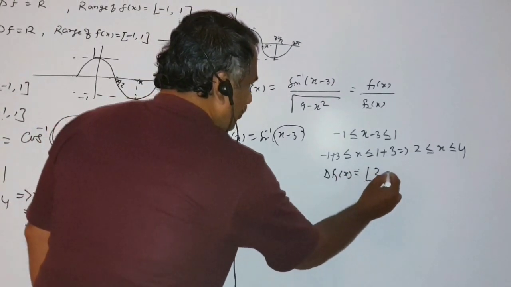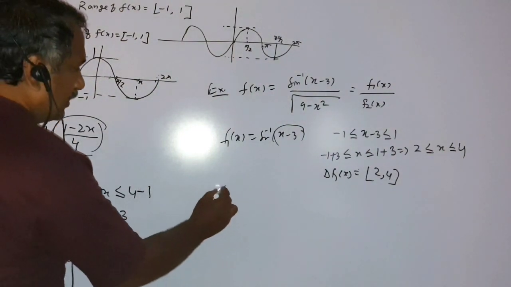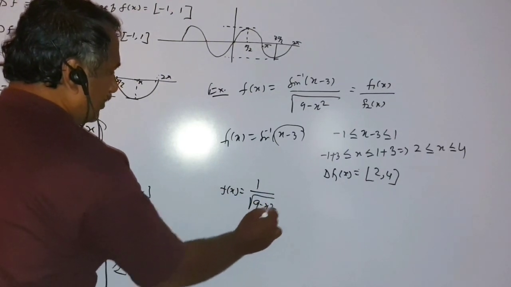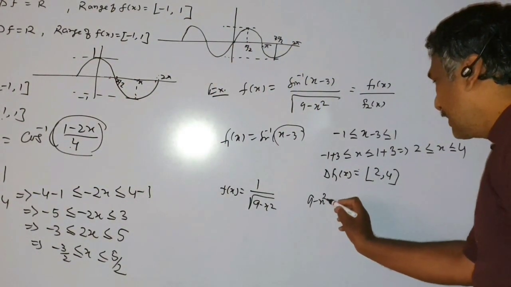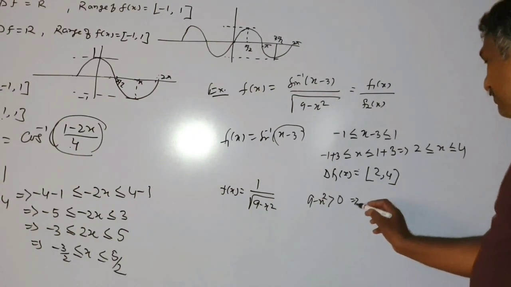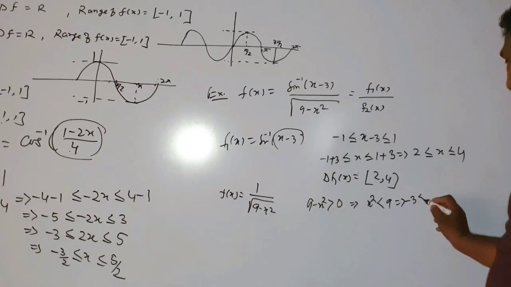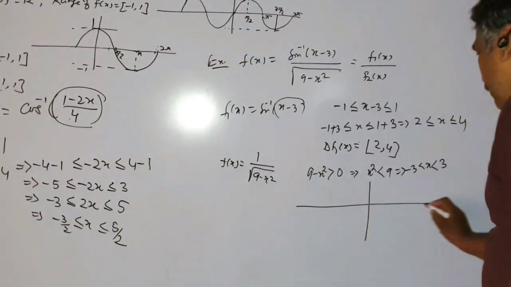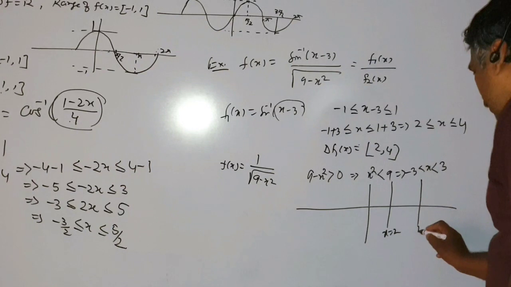Equal to 2 to 4. Now the second one is f of x equals 1 by root of 9 minus x square. What is the logic? 9 minus x square is greater than 0, not equal to 0. Now x square is less than 9, so minus 3 is less than x is less than 3. If you draw a graph, suppose this is x equal to 2 and this is x equal to 4.